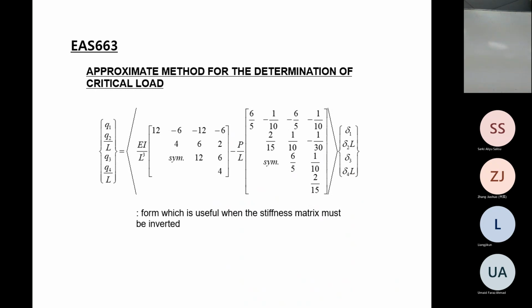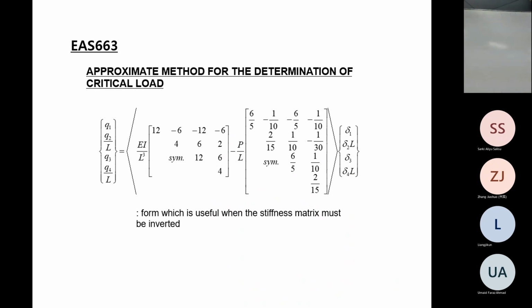Here they are easy for hand calculation because these are numbers only, multiplied with some common terms in front. L is not inside, L is taken outside here. This is the length of the element. Here also, the L which is inside is already taken out.